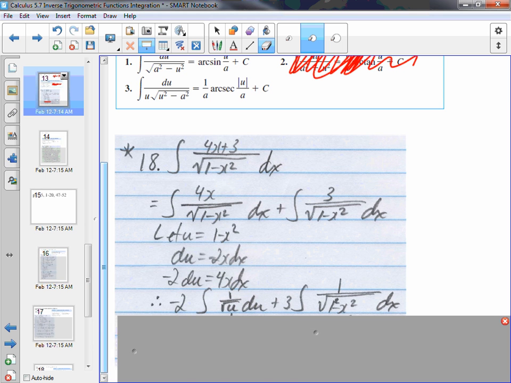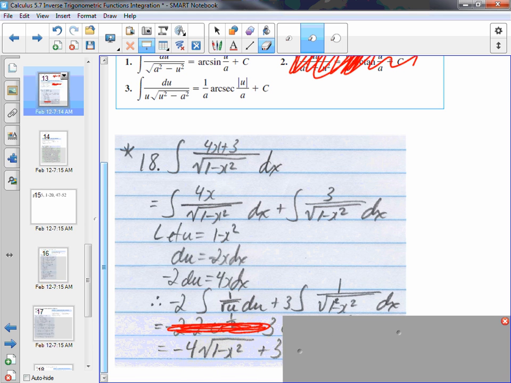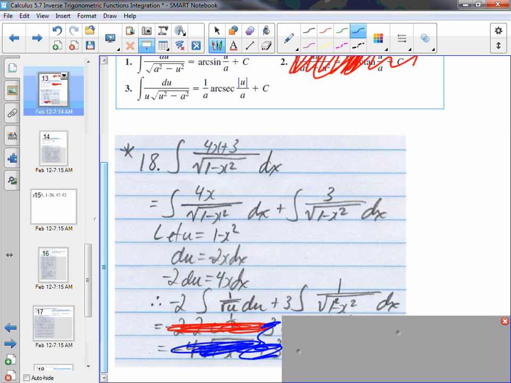Let's do the one on the left. All right? So the one on the left, keep the negative 2 in front. And then the integral of 1 over the square root of u. I'm doing a lot of this in my head. 1 over the square root of u is the same thing as u to the negative 1/2, correct? Power rule.